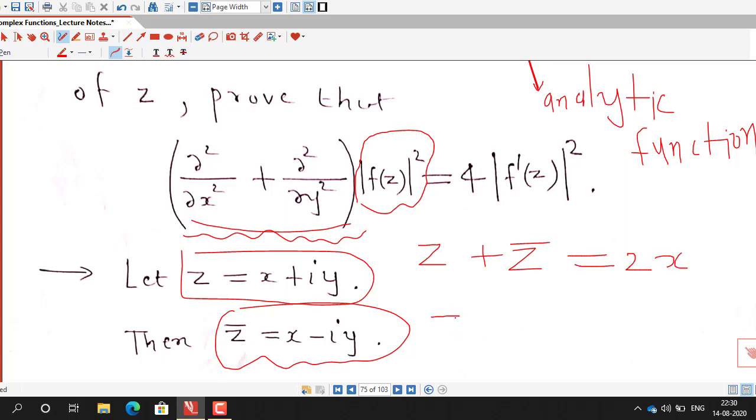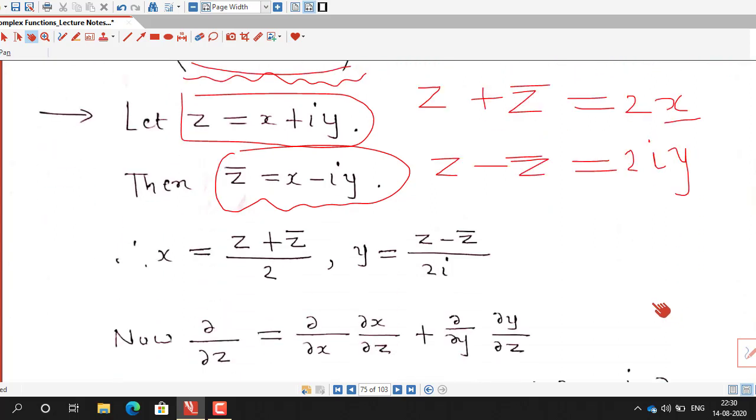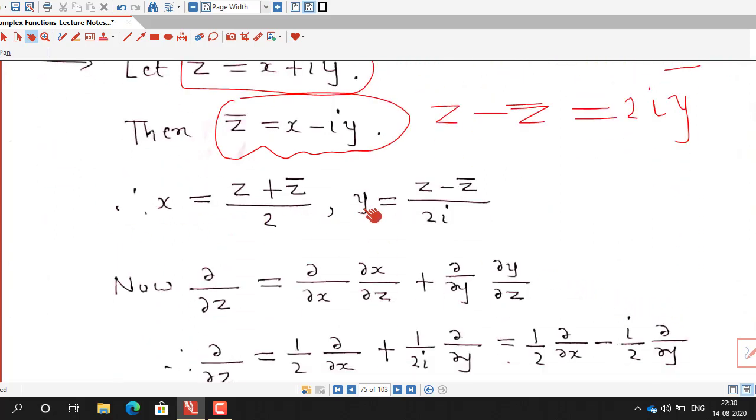And if you consider z minus z bar, then you can see x will cancel out, iy minus minus plus iy, so z minus z bar is 2iy. So from this I obtain x equal to z plus z bar upon 2, and y equal to z minus z bar upon 2i. These are the formulas for the real part of z and the imaginary part of z.